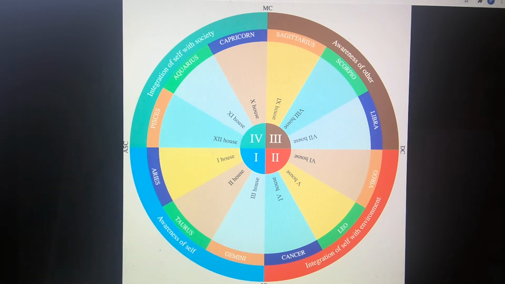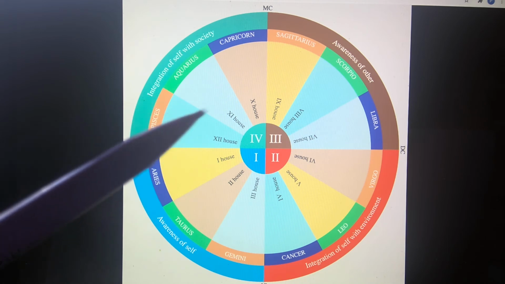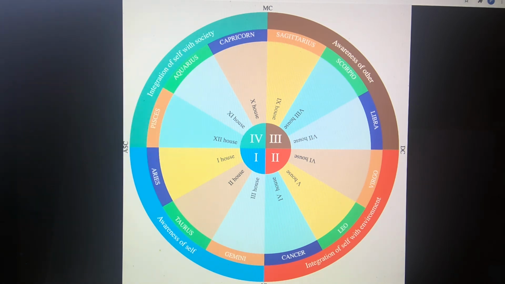That creates what we call a T-square in astrology: three planets involved, a 180-degree axis, and then a third point like a referee in a tennis match, impacting them and pressurizing both ends of that axis.